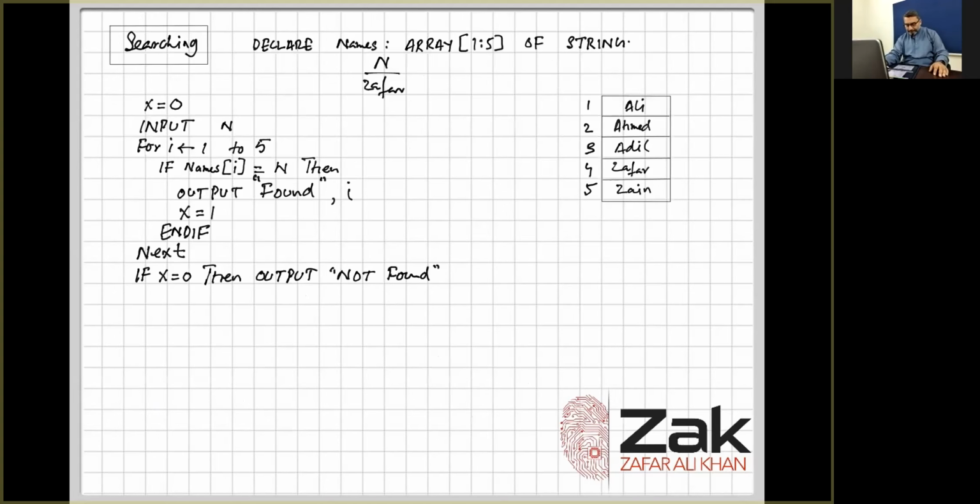Now, searching. With searching, I told you about exit for. If you are looking for something which appears only once, then you don't have to search anymore, because you know that if it is found once, it will never be found again. So you use exit for to get out of the loop for no more searches.